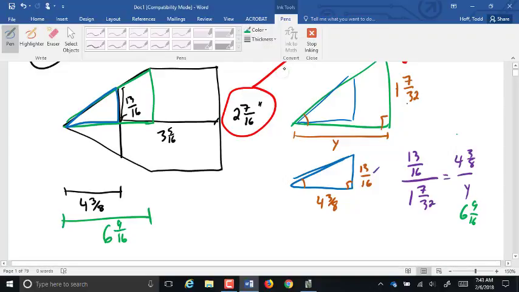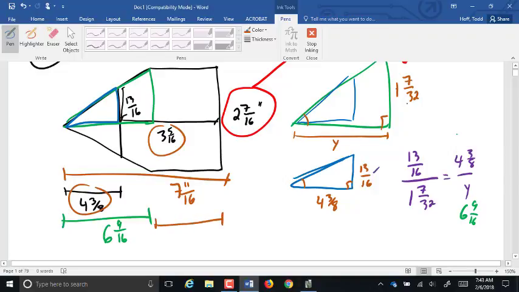So now we know that the whole distance here is found by adding those two together. That's going to be 7 and 11/16 total, right? X then is the difference between those, which is just 1 and 1/8 inch.